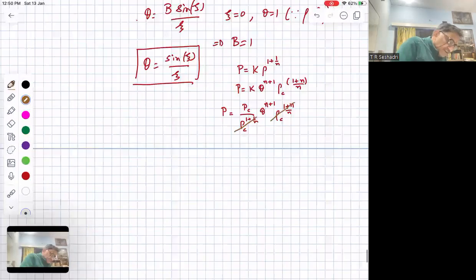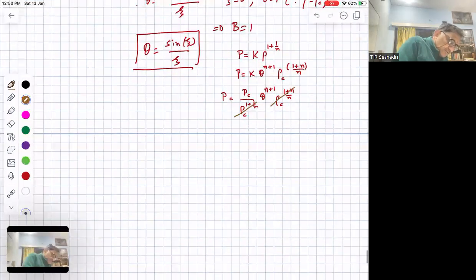And as before, we have P equal to Pc theta to the power N plus 1.